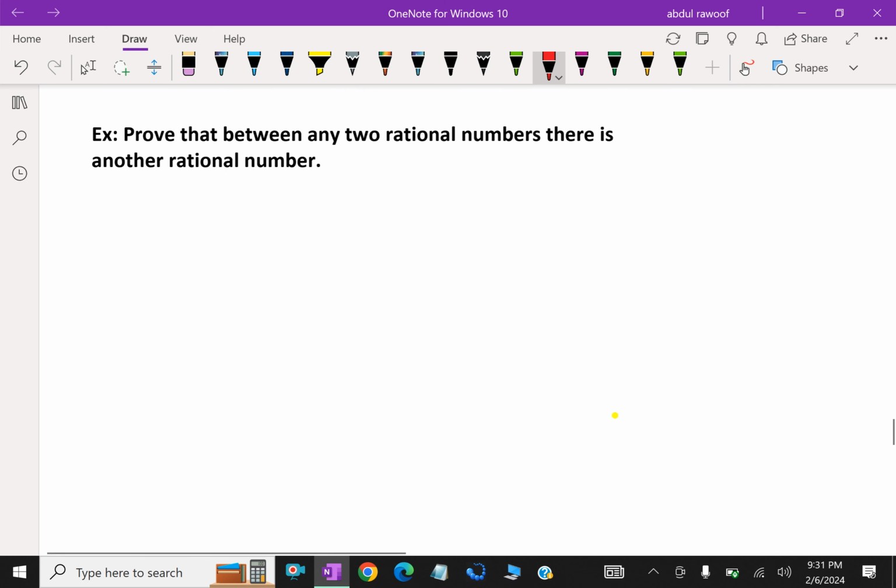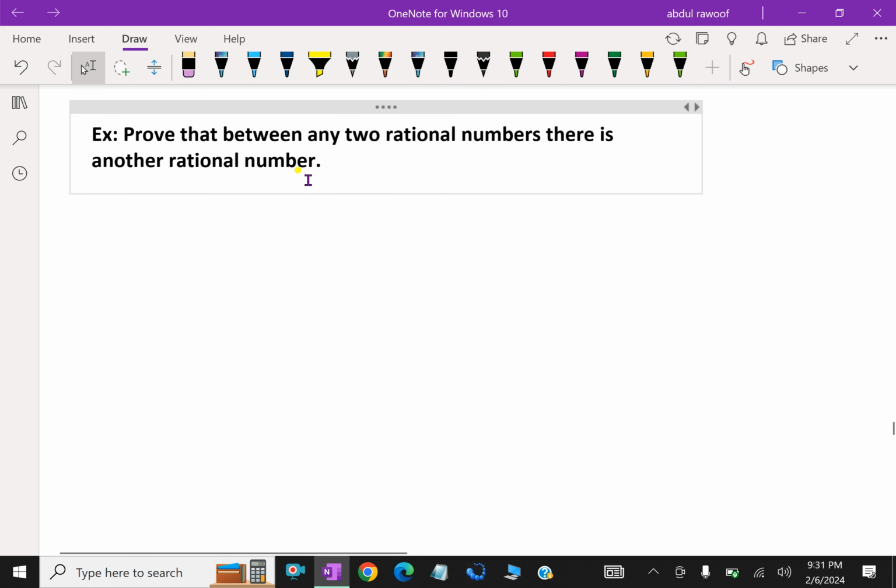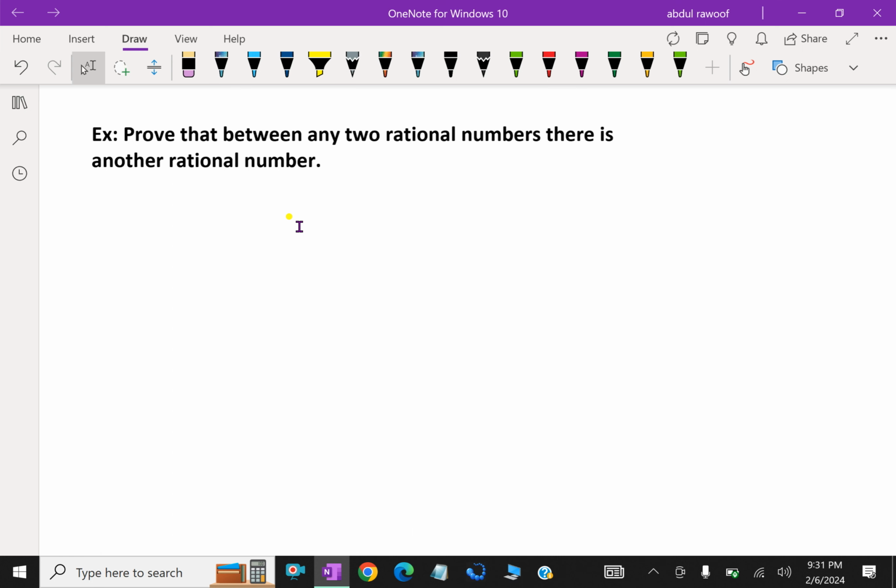Next question. Prove that between any two rational numbers there is another rational number. Here, a set of rational numbers is closed under operation of addition and division, non-zero denominator.